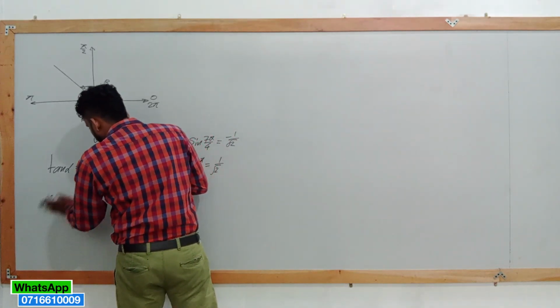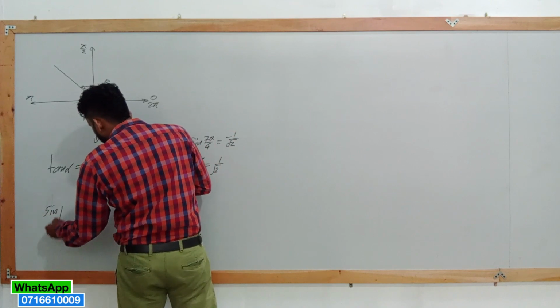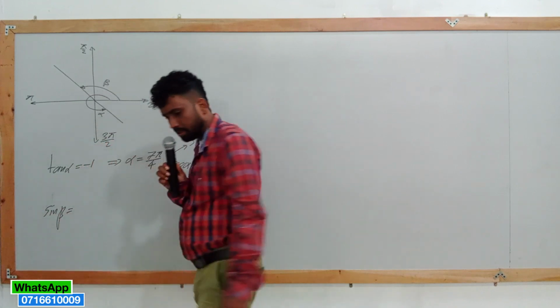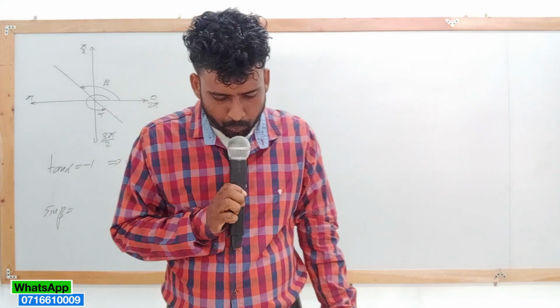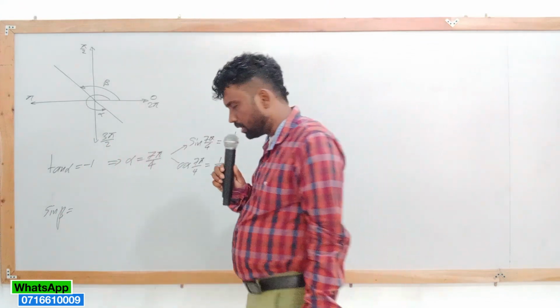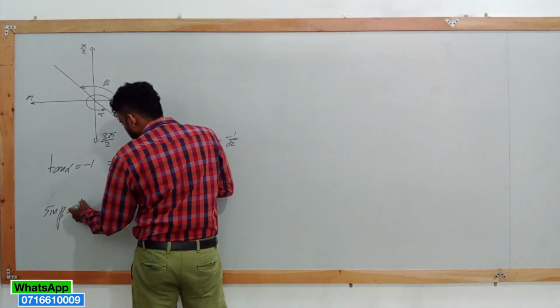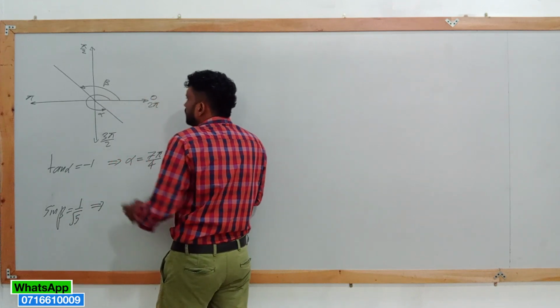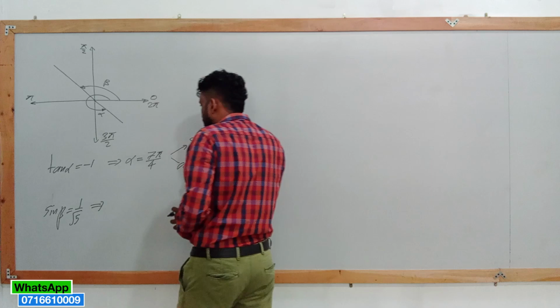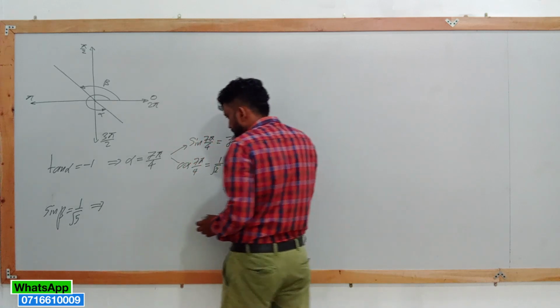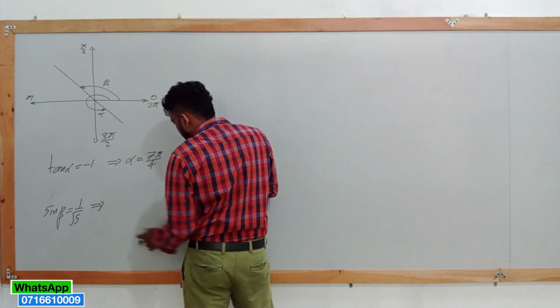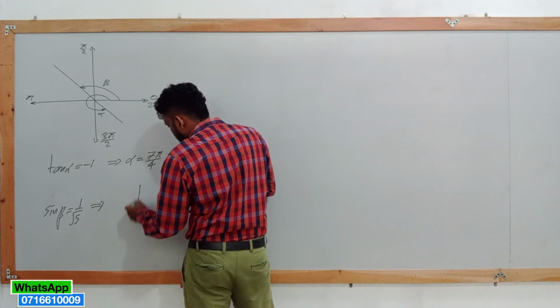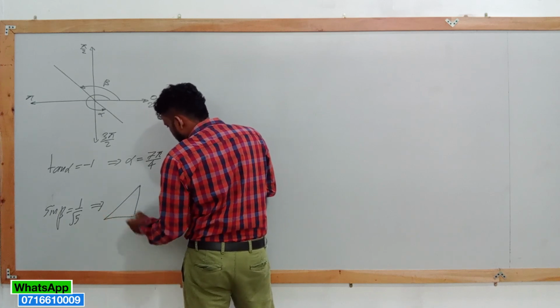Now, given that sine beta is 1 divided by root 5, that is the second quadrant. In the second quadrant cos is minus. Then we take 1 divided by root 5. We can take the triangle like this, right?